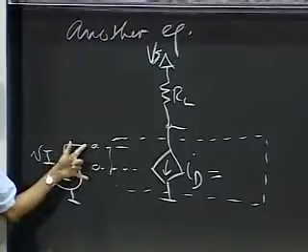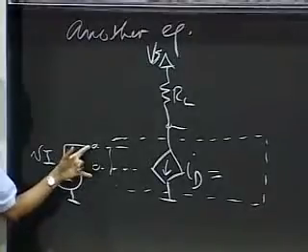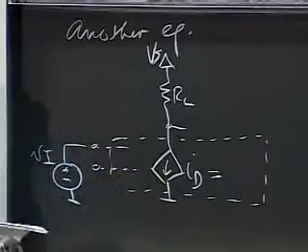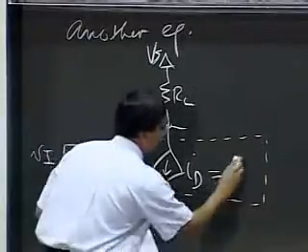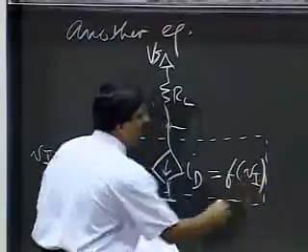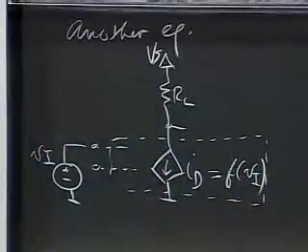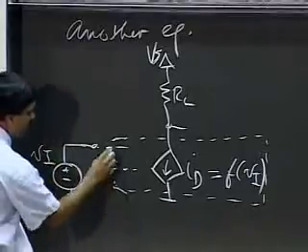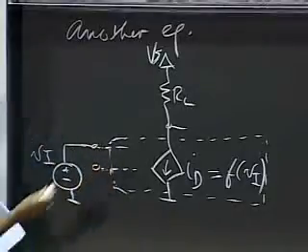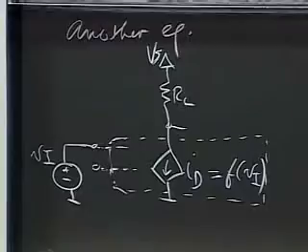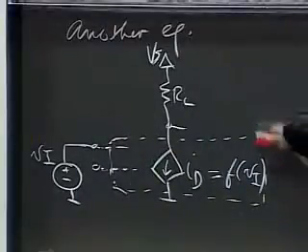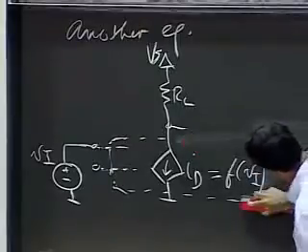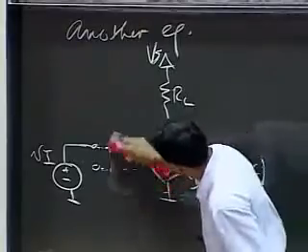It doesn't affect the circuit in any other way, except in terms of how it controls the current ID. So let's say the current ID is some function of VI because VI is applied at the control port. Okay, and as I pointed out before, I oftentimes, just for clarity, just don't show this dependent source explicitly.